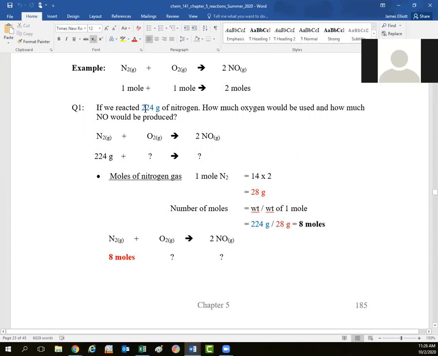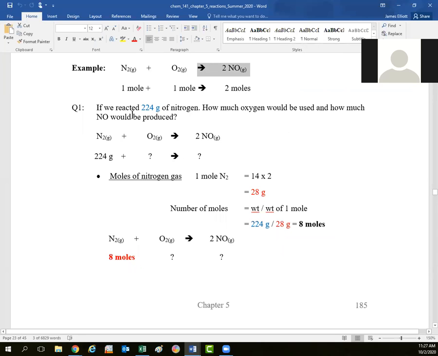So you're told that you have 224 grams of nitrogen, an actual mass figure because somebody would have measured that in mass. You wouldn't have measured the number of moles on a balance. So we've got 224 grams of nitrogen. How much oxygen would we use with it, and how much of the nitric oxide would be produced?